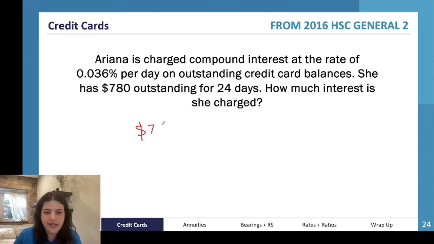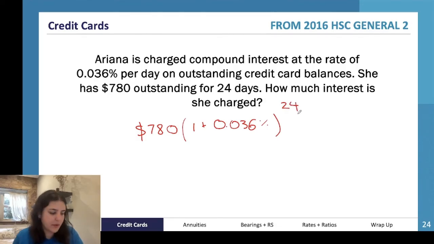So we need to do $780, 1 plus, our rate is 0.036%, and it is for 24 days. So if we pop that into our calculator, it gives us $786.76.